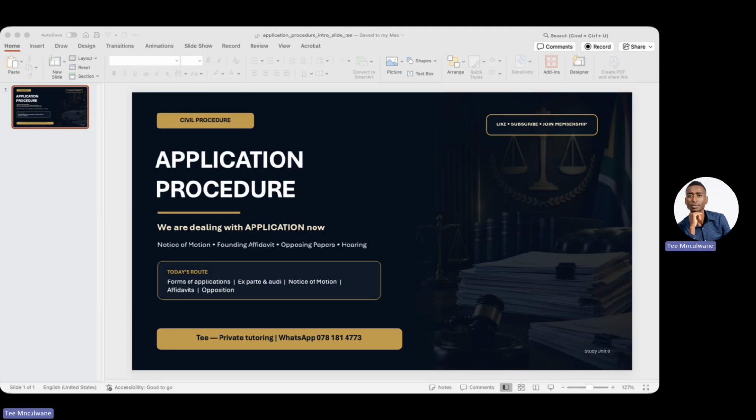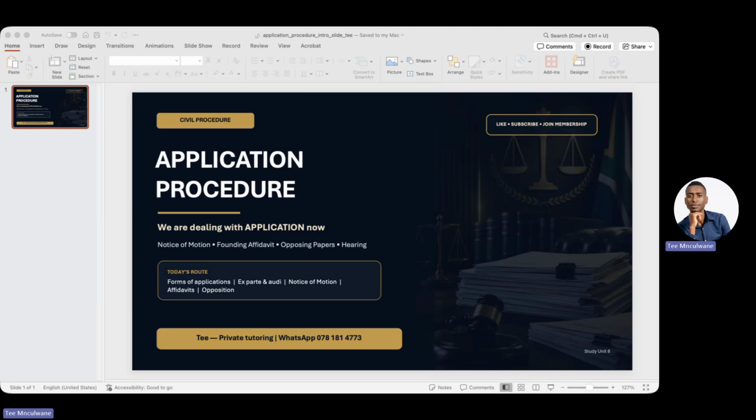First of all, let's talk about the different forms of application, right? The first thing we need to understand is that not all applications are the same. When students hear application, they often think it is one thing, but in practice, application procedure has different forms, and the form that you choose depends on the facts, right?